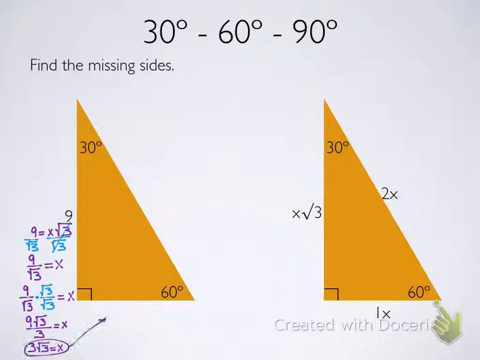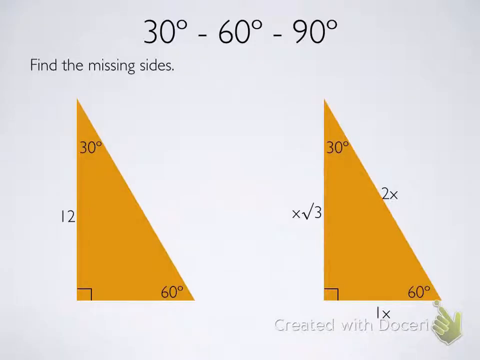So that is your base, okay, your short leg. So 3 square roots of 3. Now what is your hypotenuse? Hey, somebody got it. 2 times x. So it's 2 times your 3 square roots of 3. So 2 times 3 square roots of 3 is 6 square roots of 3. Awesome. Y'all are doing great.